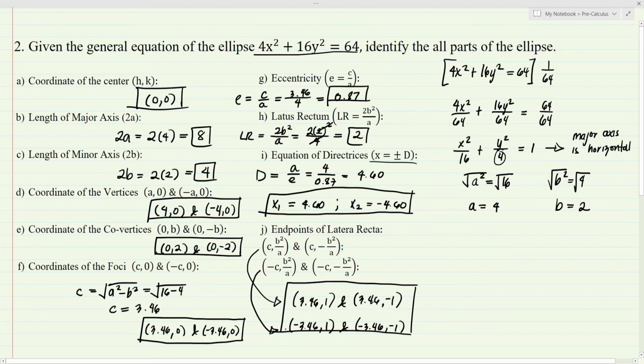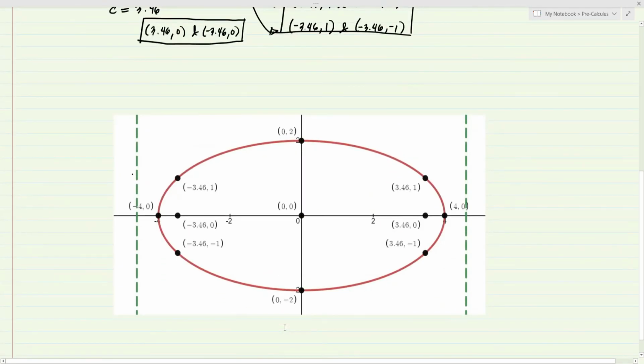Now, if we try to graph the parts of the ellipse, we would have this figure. The ellipse here is centered at the origin. We have the endpoints of our major axis, which are our vertices, (4, 0) and (-4, 0).